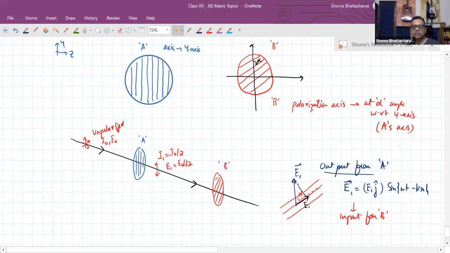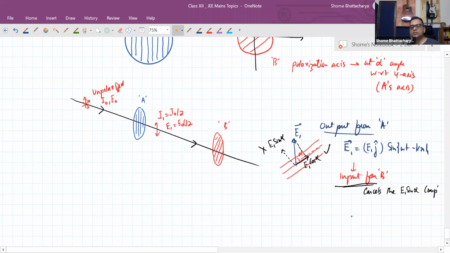Don't get confused with the mesh, this is actually the axis of propagation. So E1 cos alpha survives, whereas E1 sin alpha is blocked. When you input this into B, it cancels the E1 sin alpha component of the electric field.